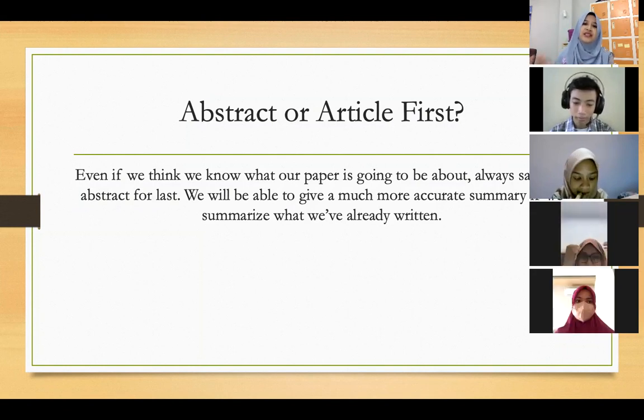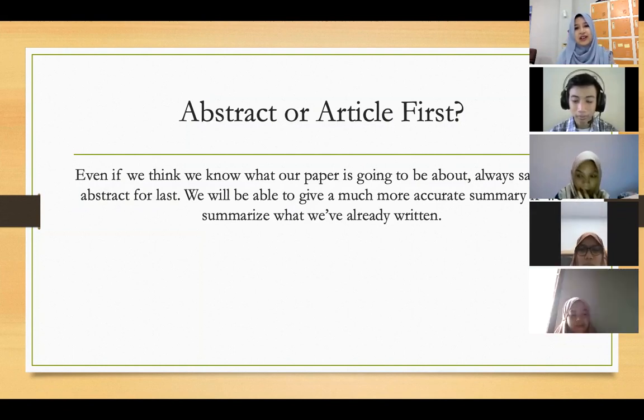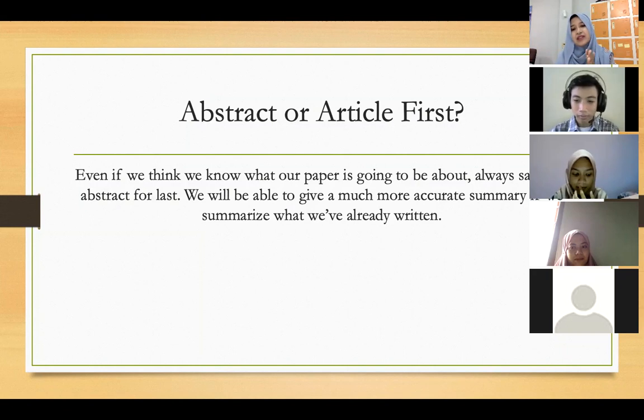Their method is not final yet, but they have the structure of the abstract already, to motivate ourselves that we have something already on the paper. Or you can write it in parallel with writing the paper. So it's very flexible.